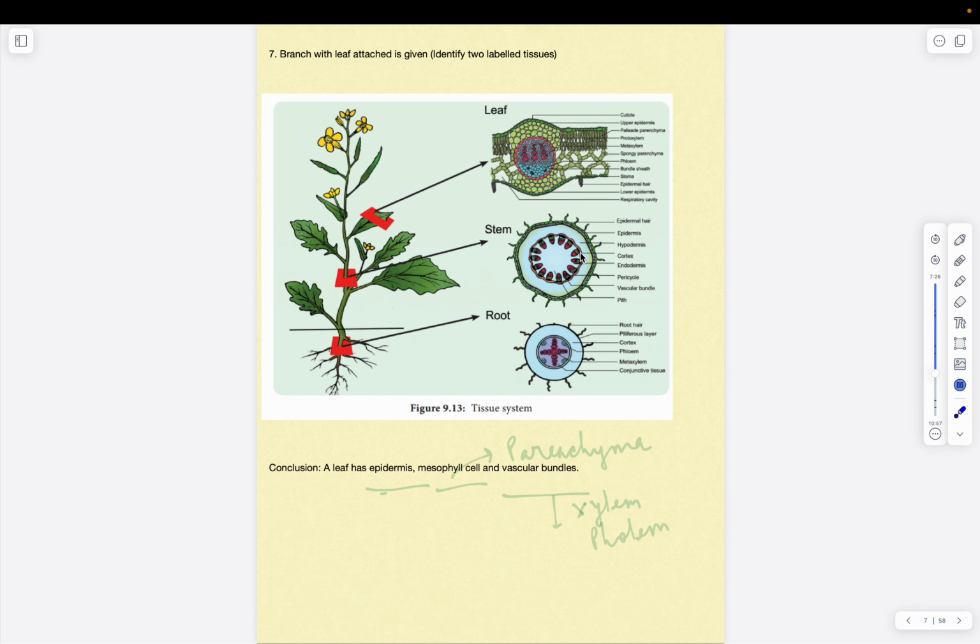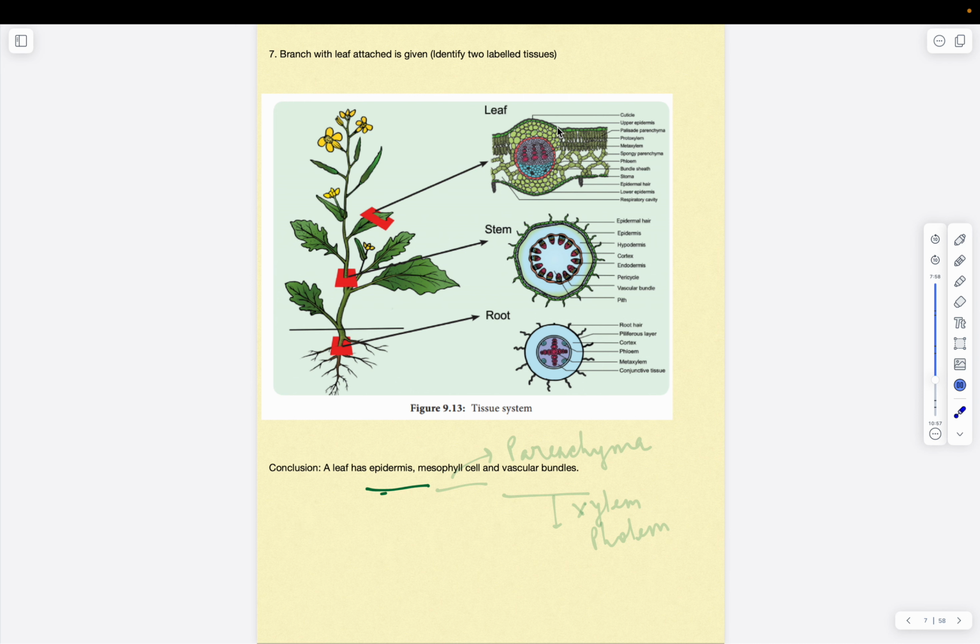The next question was related to a leaf, right? A leaf was attached to the branch and students were asked to label the kinds of tissues which are found in the leaf. If you look at the transverse section of the leaf, there are three types of tissues. The outermost covering is known as the epidermis, right?